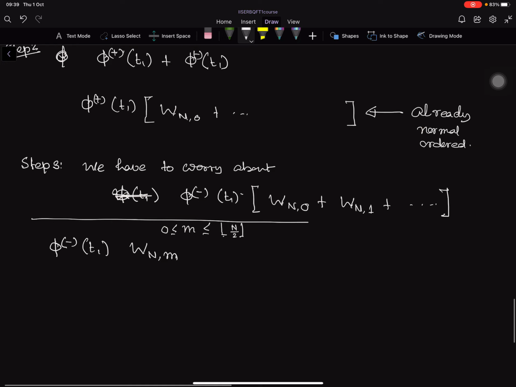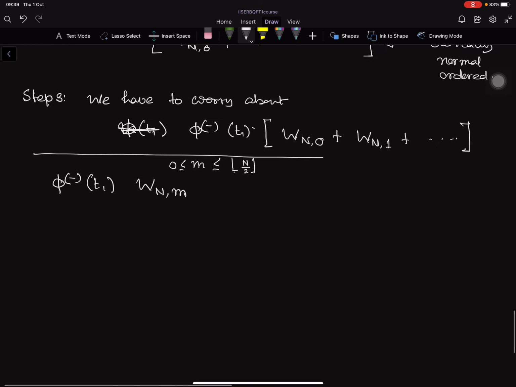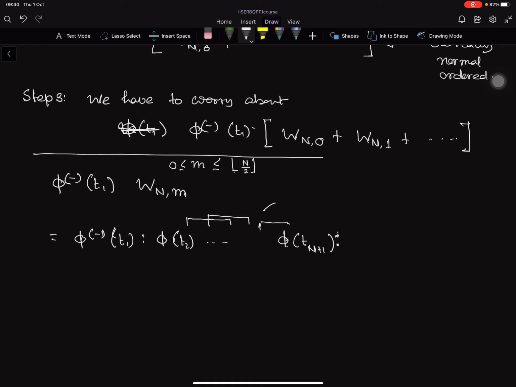So this quantity is phi minus T1, and then you have phi T2 dot dot dot Tn plus 1, and then you have some m contractions. And actually you have to consider all possible such m contractions.